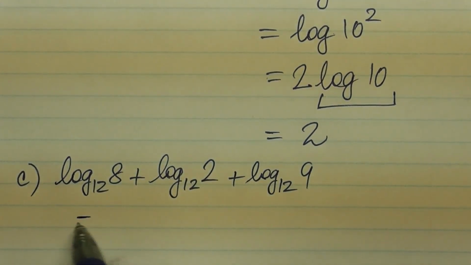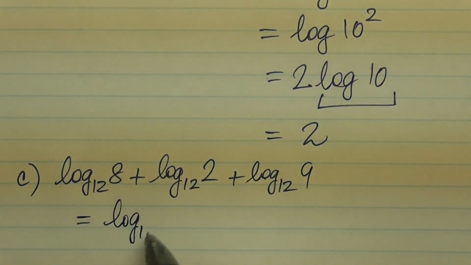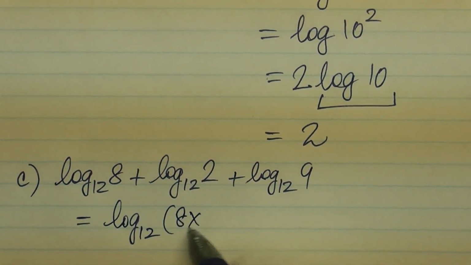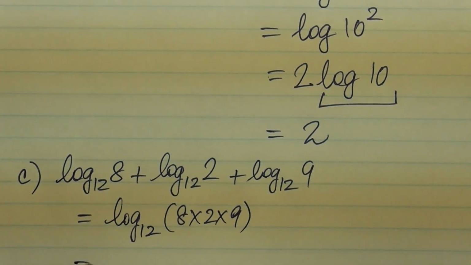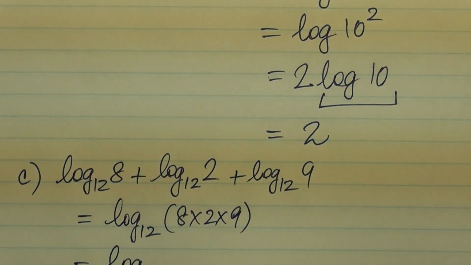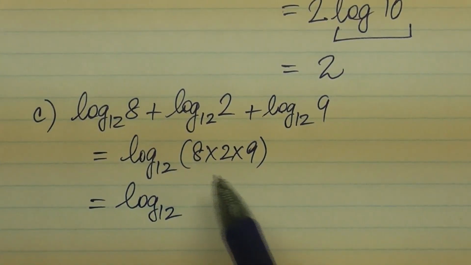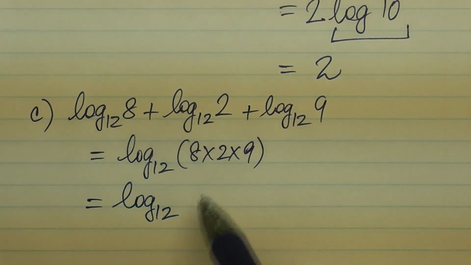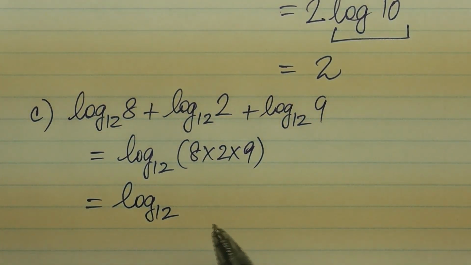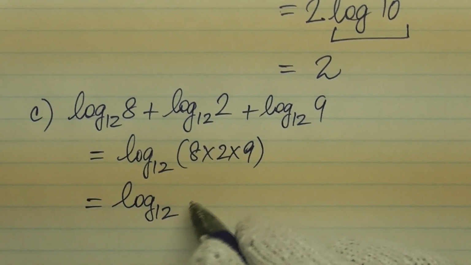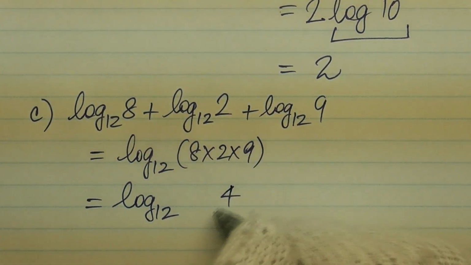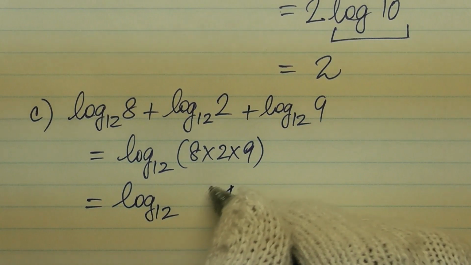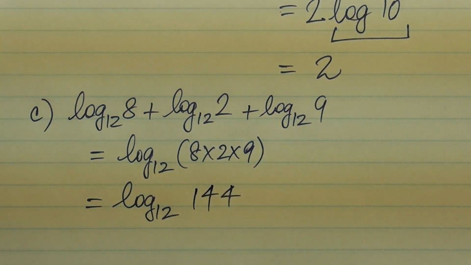So this is going to be log base 12 of 8 times 2 times 9, which is the same as log base 12 of, 8 times 2 is 16, 16 times 9 is 144.